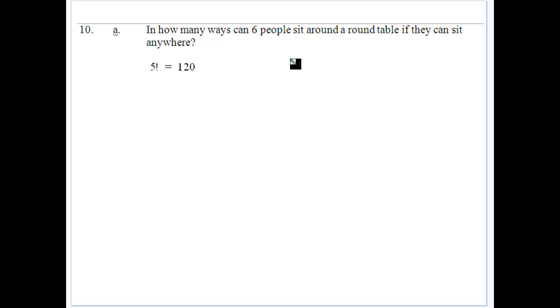Once you start to rotate your table, rotating the whole thing and all the people, it really becomes still the same arrangement. It's just been moved one person around. Unless the chairs are actually numbered in a particular order, then that's a little bit different, because that's giving them more of a structure. It doesn't really matter where the first person sits.